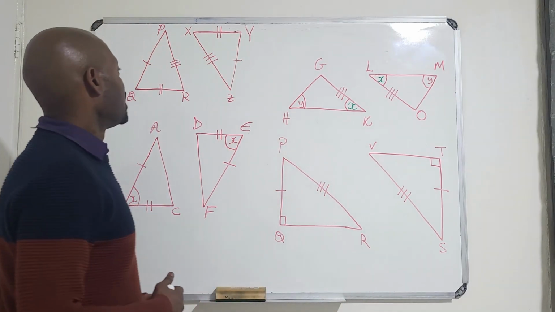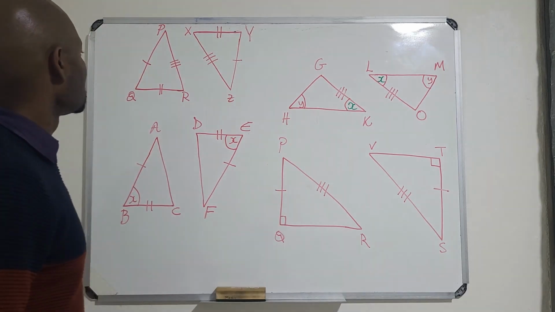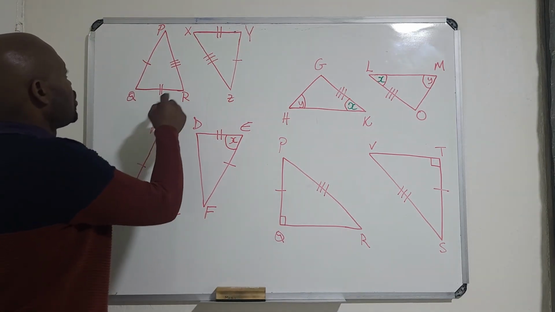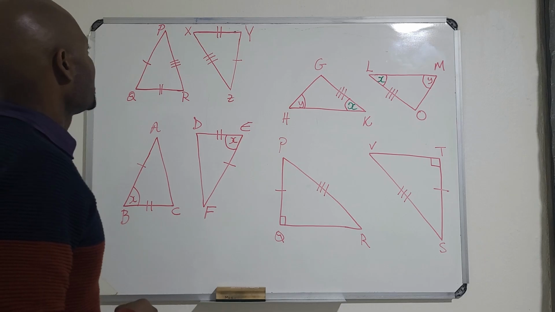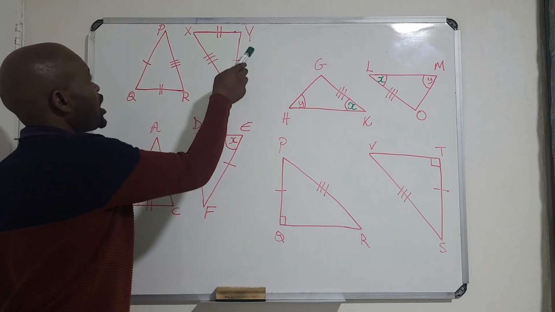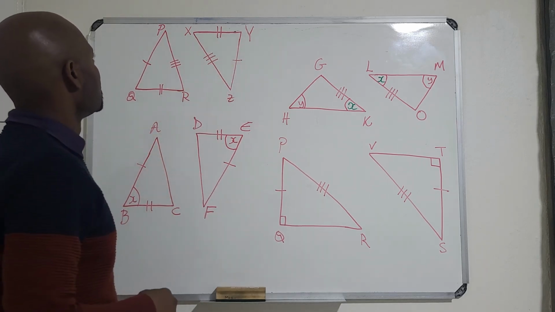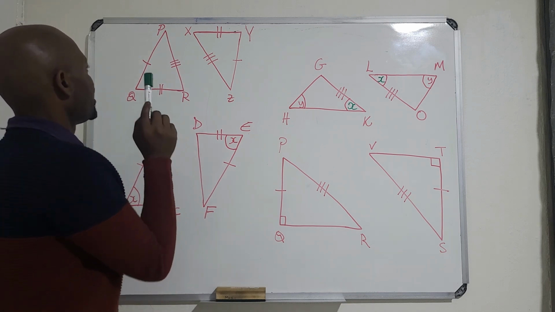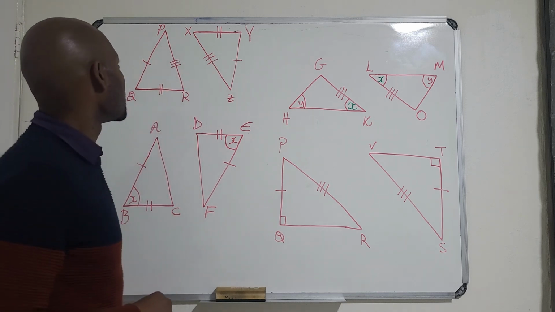Now, let's look at triangles which are congruent. When the sides of one triangle are equal to the corresponding sides of another triangle, then the two triangles are congruent.